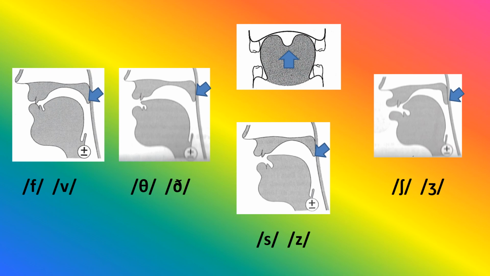And then we have the last pair, the palatal-alveolar fricatives. In all cases, as we mentioned with the other sounds, these are oral sounds because the velum is raised, blocking the nasal tract, and the air escapes through the mouth.